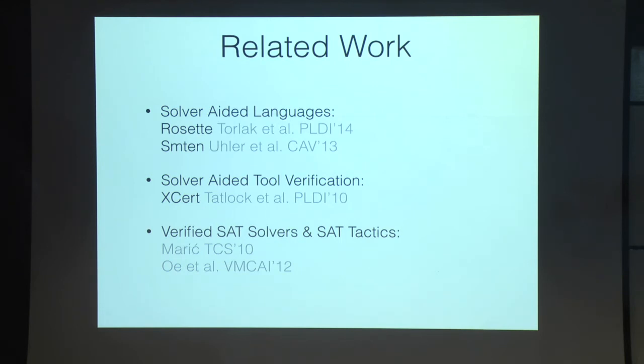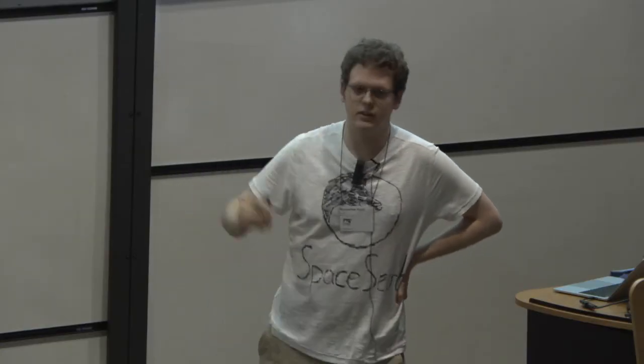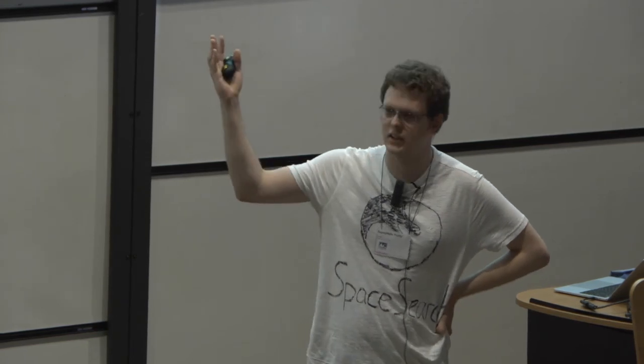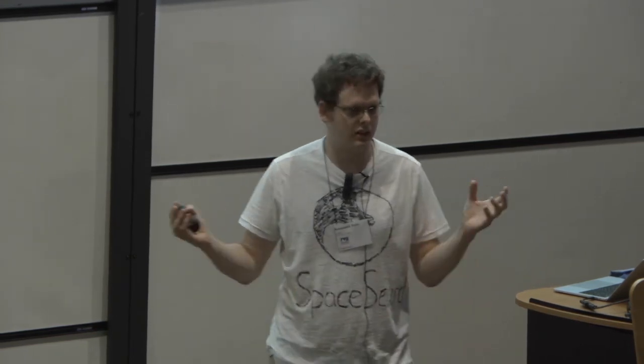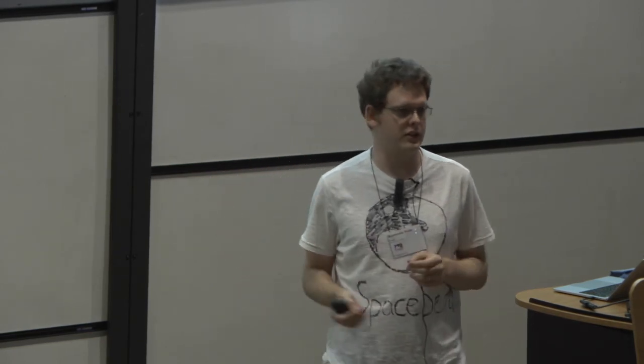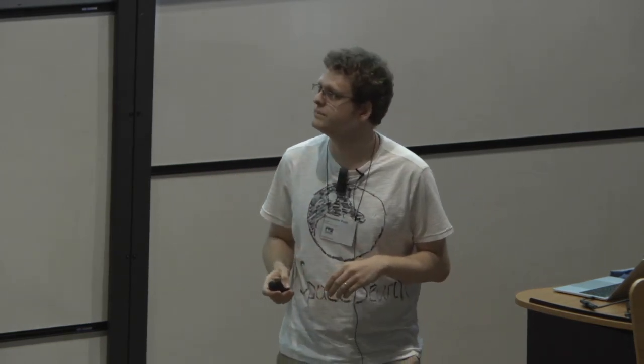There also have been verified solver-aided tools before. So Xisa is one of Zach Tatlock's projects, in which he actually verified that his solver is correct, but he didn't provide any general methodology for people to use.